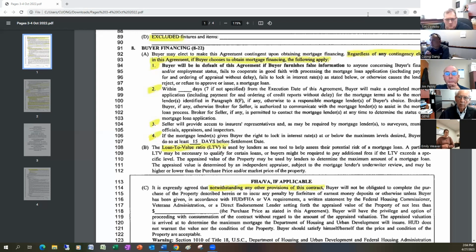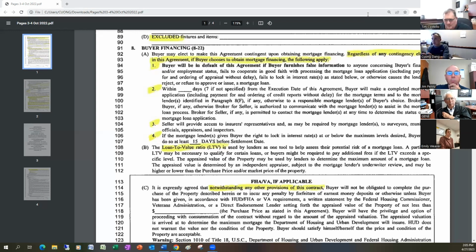Regardless of any contingency elected in this agreement, if buyer chooses to obtain mortgage financing, the following apply. So what this is stating is this is a preface to the actual contingency, because remember, we haven't waived or elected anything yet. This is just saying if you're going to get a mortgage, these 4 steps have to follow. Okay, they can't be ignored.